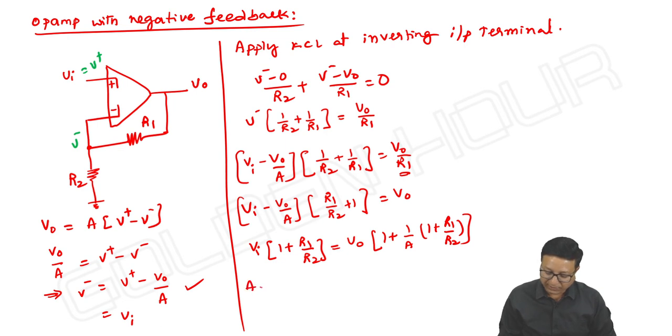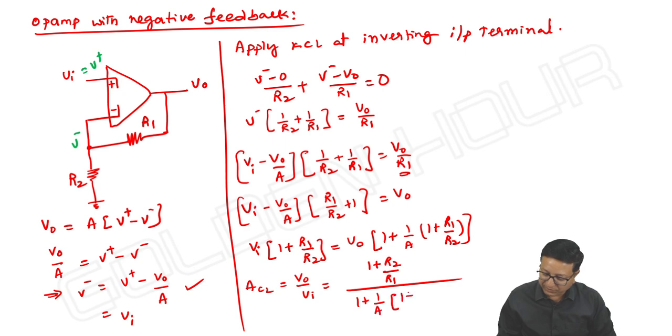So that I can write the closed loop gain. What is the ratio of overall output to overall input? That is V output by Vi is equal to (1 plus R1 by R2) divided by (1 plus 1 by A multiplied with the same term, 1 plus R1 by R2). The equation is looking a bit complex.